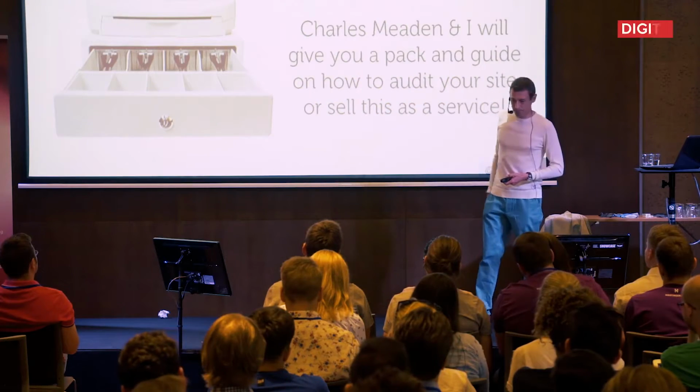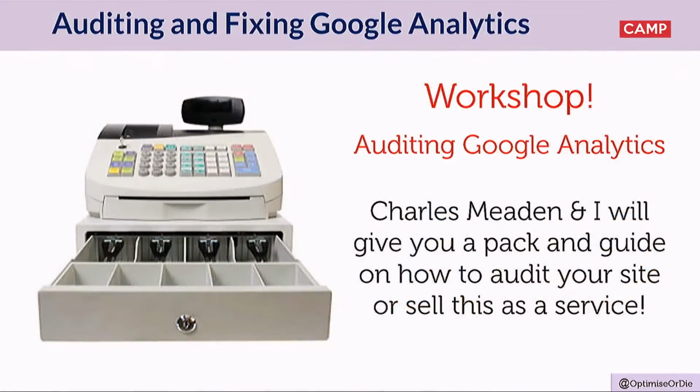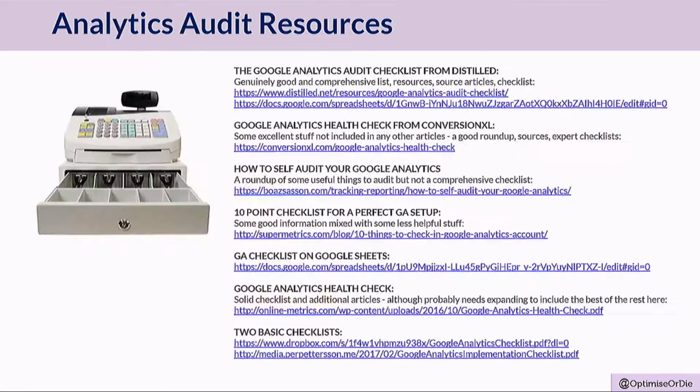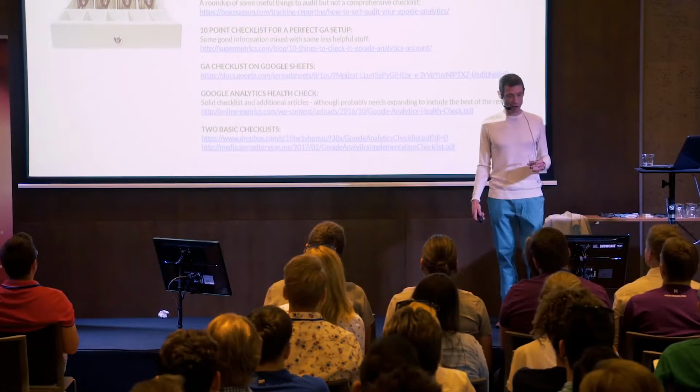That's the problem. So later on, Charles and I will be able to give you a pack and a guide and answer any questions about how to get your Google Analytics audited. Very important. And in the deck is a complete guide of all the best self-audit resources on the internet. They're all in there. They're very good.